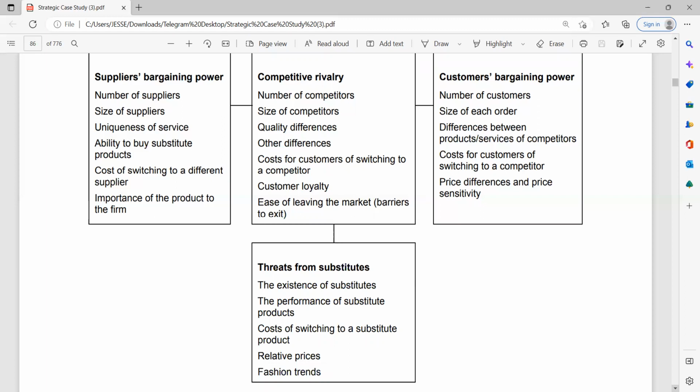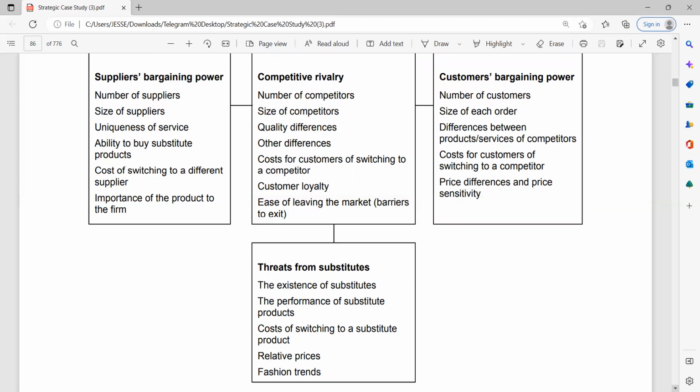If the number of suppliers is high, then it means that they have a lot of power. If the size of the suppliers is large, in that sense, they have a lot of power. If you have a lot of power, you can influence prices. So think about it that way. When you think about these things, think about the factor, how it impacts competition, and then how it impacts profits.